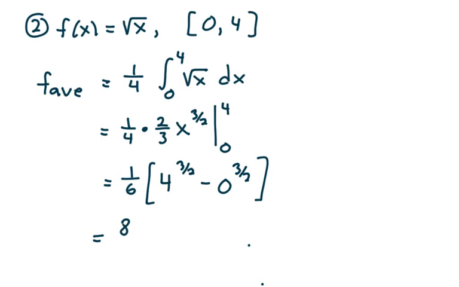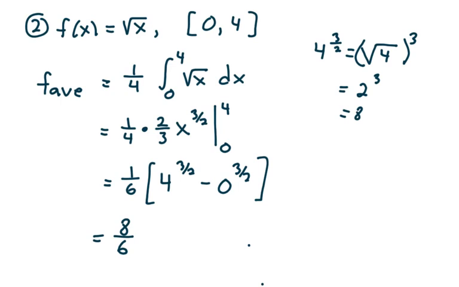So this is equal to 8 over 6, right? So think about 4 to the 3 halves is just square root of 4 to the third, right? But this is 2 to the third, which is 8. So that's where I'm getting that from. And so the answer to problem 2 would be 4/3.